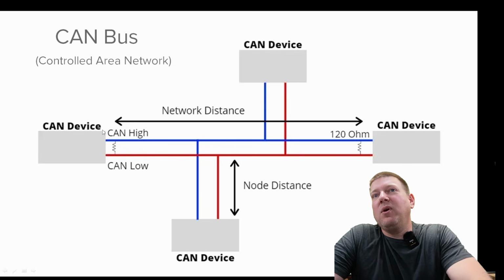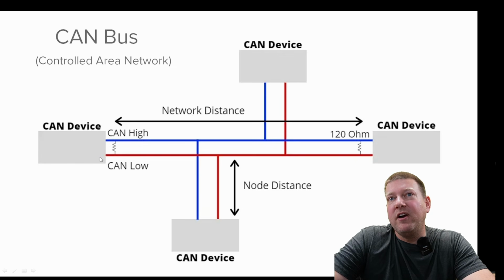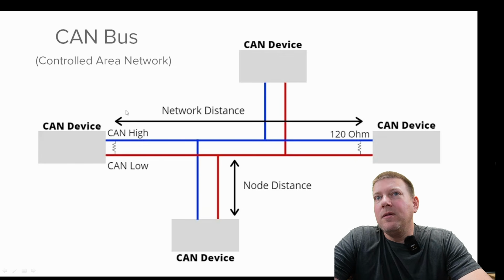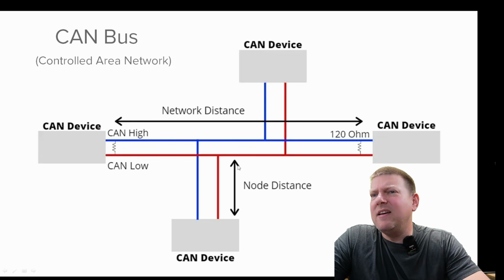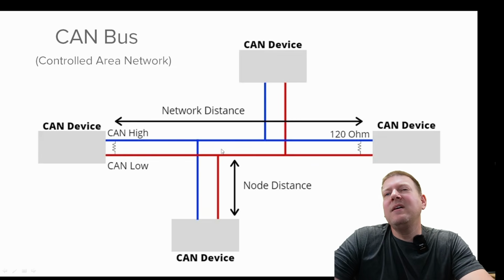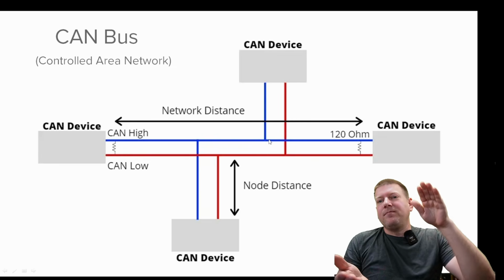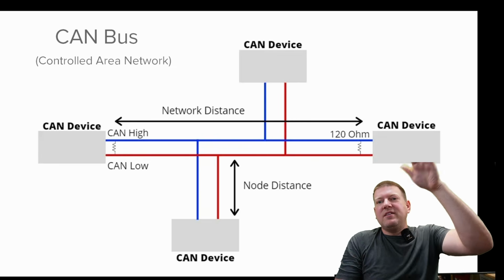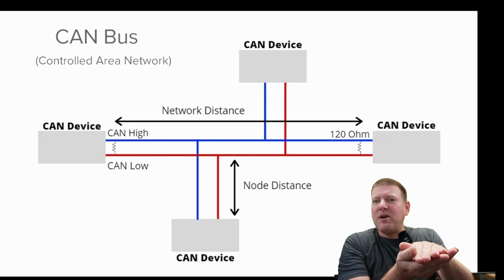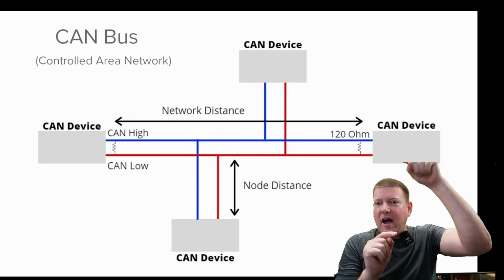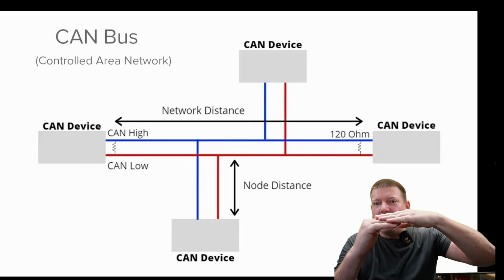But this is how it works. You have all these different devices, and they have a low line and a high line. You see that? A low and a high. And the data is, I don't want to say nothing, but it's measuring the differences between the high and the low. So it's like either low or high.